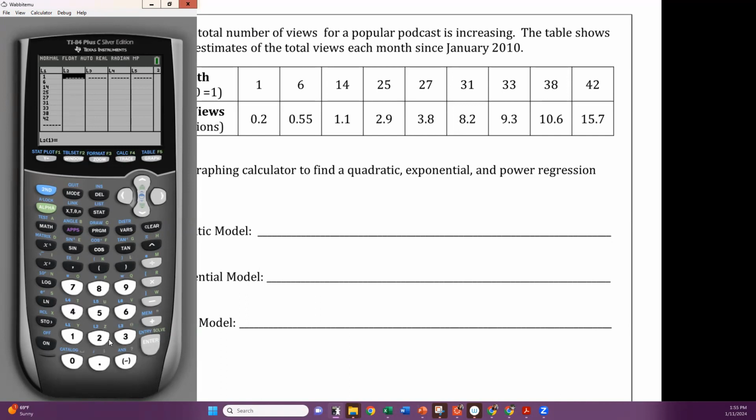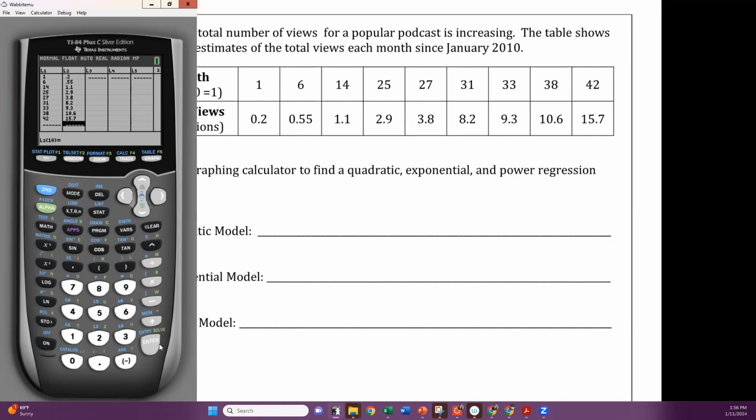And then my Y values, 2/10, 500ths, 1 and 1/10, 2 and 9/10, 3 and 8/10, 8 and 2/10, 9 and 3/10, 10 and 6/10, and 15 and 7/10. So I put in all of the data points.